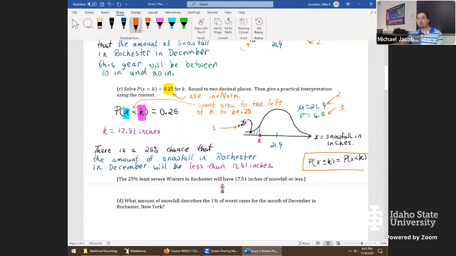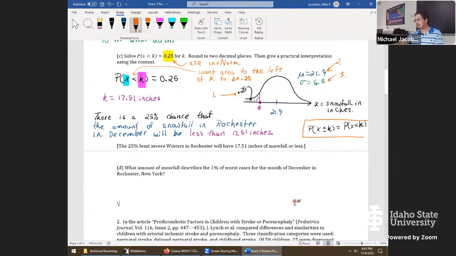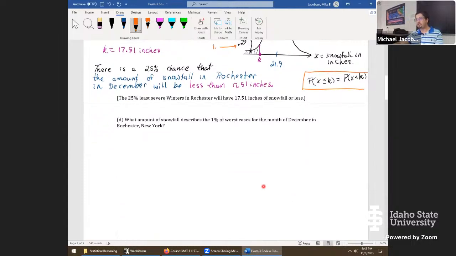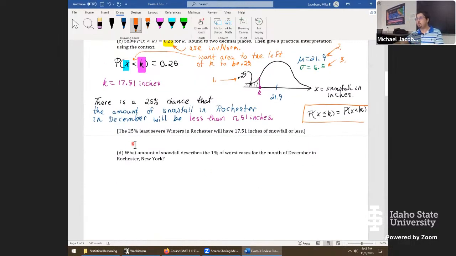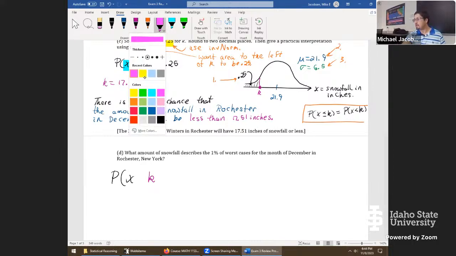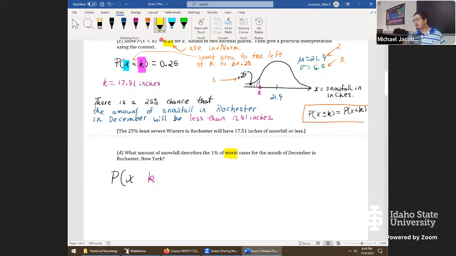Well, if we're talking about the 1% worst, we at least don't have to give a practical interpretation to this one. It's given it to us. We just need to find what is that level of snowfall. So this whole problem is all about solving probability X. We compare it against K once again. Then this word causes more confusion than it was really worth, but it gives a directionality of greater than, meaning more snowfall.